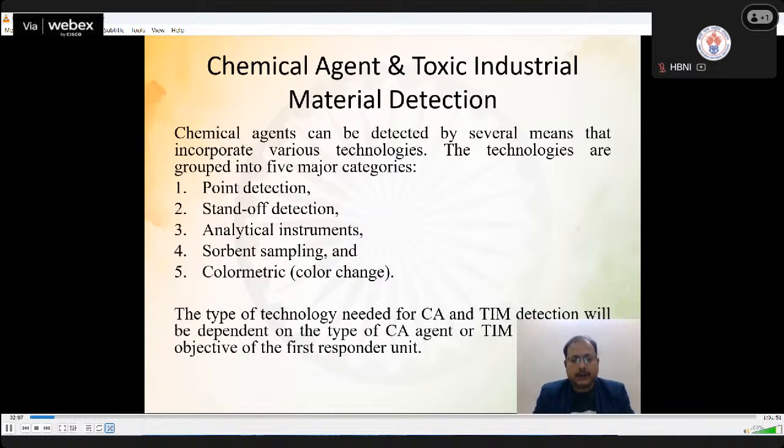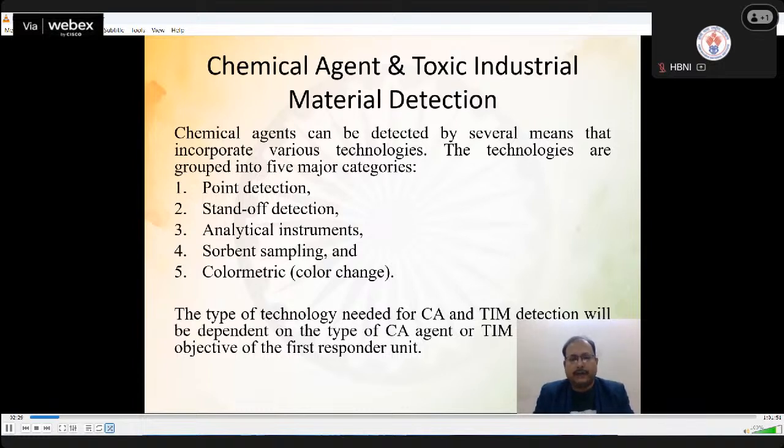Certain types of chemical agents may require a colorimetric test, some will be focusing upon sorbent sampling, and some will be utilizing point detection. So it depends on the agent, and how to assess is also an important parameter in detection of an agent or the properties of an agent.